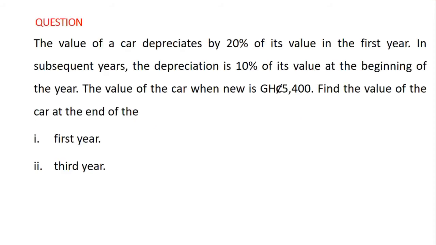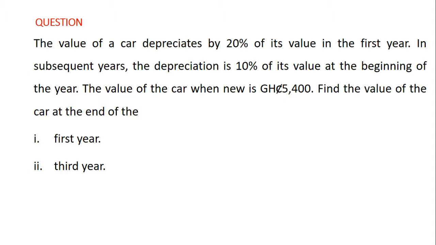In the previous video, we solved a practical problem involving depreciation. In this video, we are going to solve another practical problem involving depreciation. The problem is the value of a car depreciates by 20% of its value in the first year.